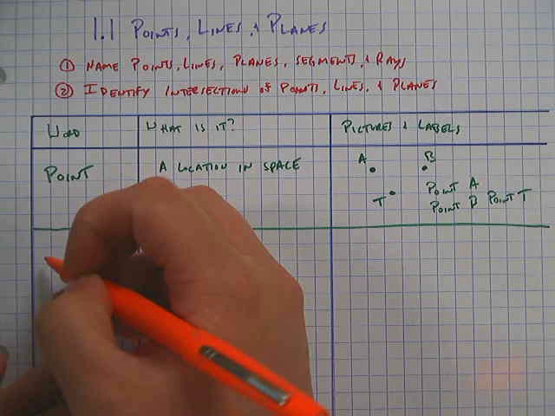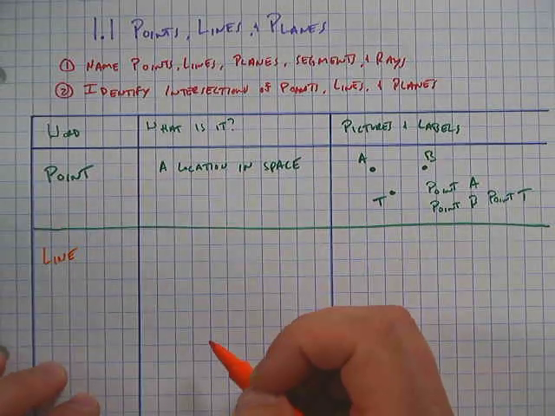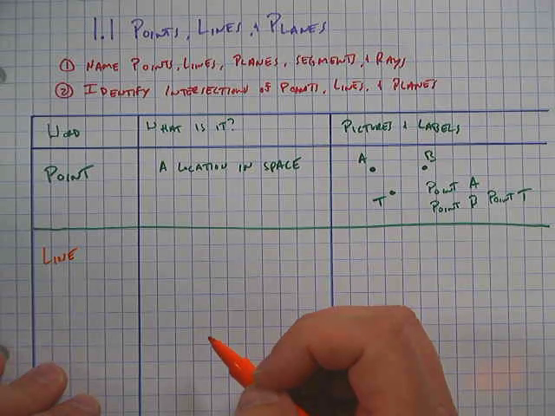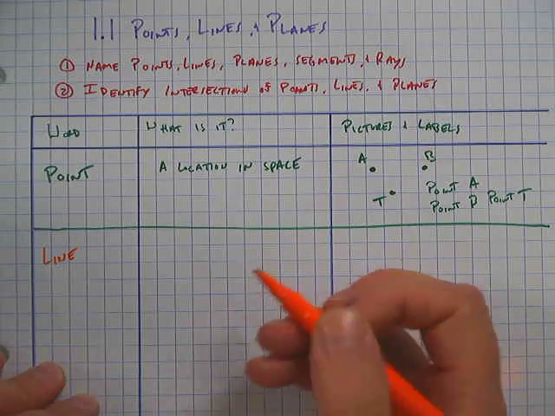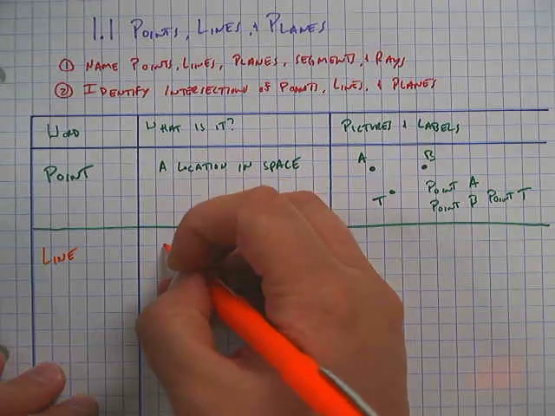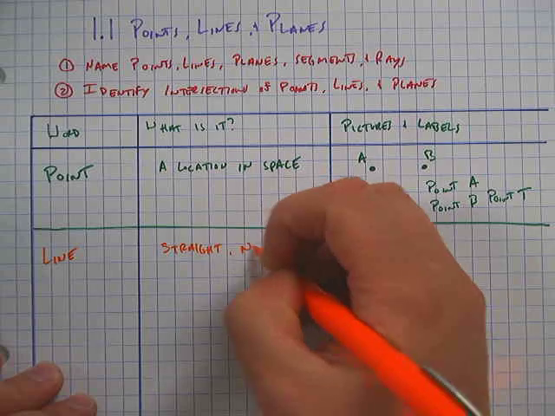Next vocab word is a line. Okay, you probably also dealt with lines in algebra, mostly like equations of lines and such. In geometry, it's not always going to have an equation of a line that goes with it. The way we define a line in geometry is kind of by its characteristics. Lines are straight.